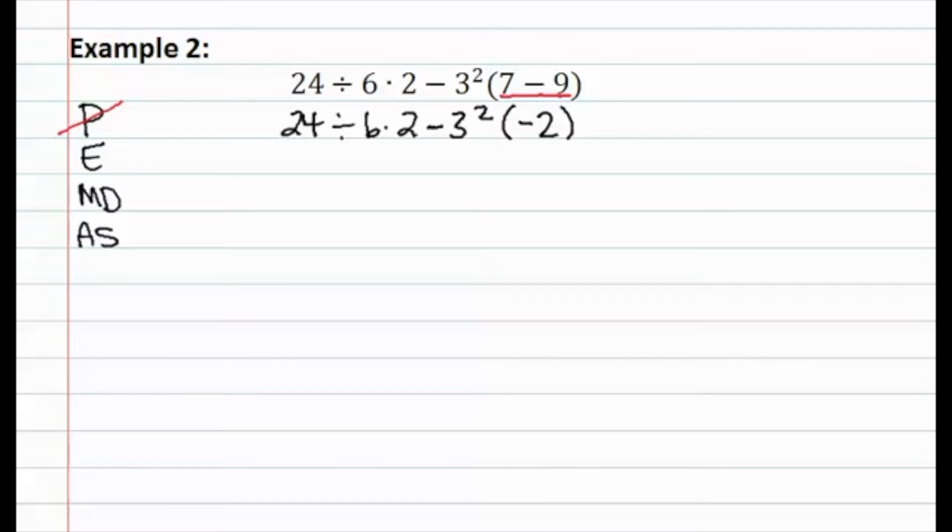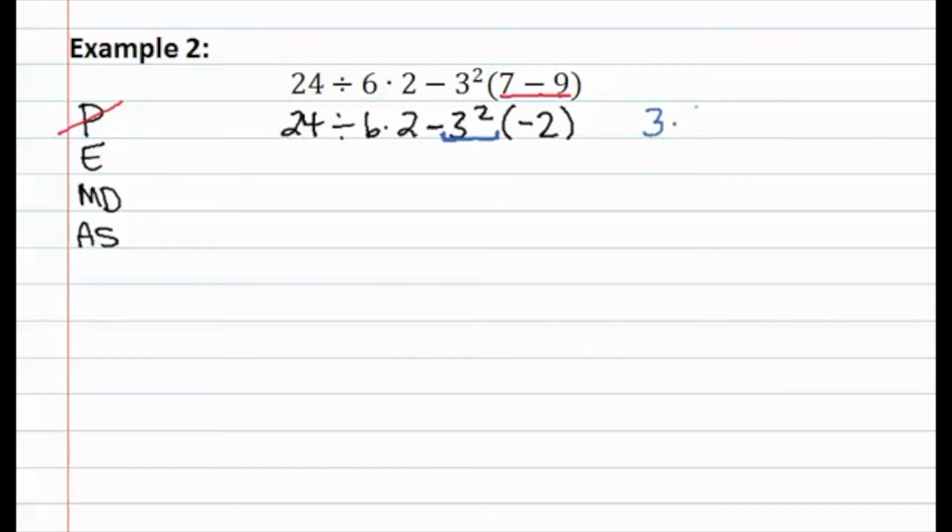Next, we have E. E stands for exponents, and therefore we look and find the exponents. As we see here, the negative and the 3 are not inside parentheses, and therefore only the 3 is repeated.